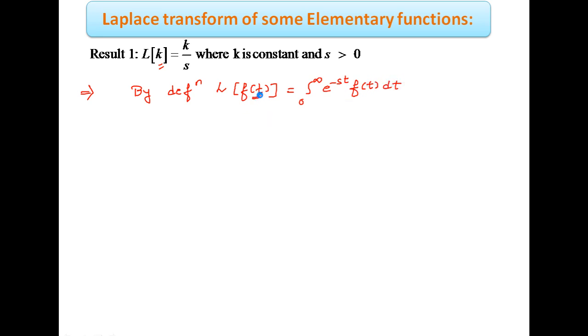Now what is the value for f of t here? Here f of t is equal to what? K. We are going to find the Laplace of k here, right? So our function is k.